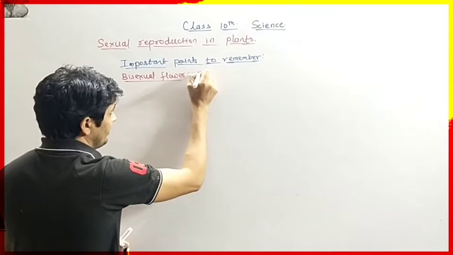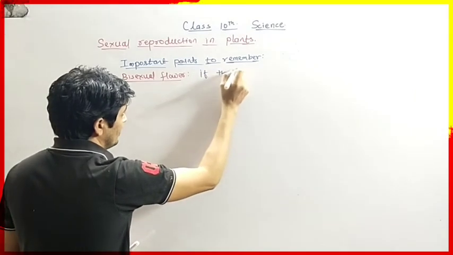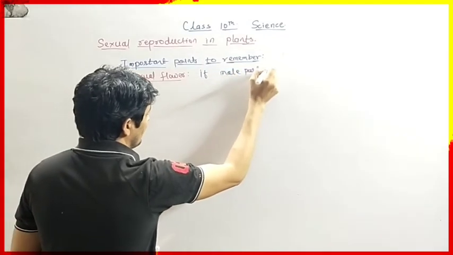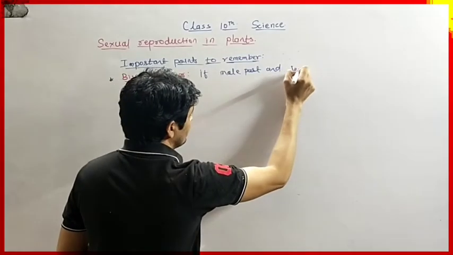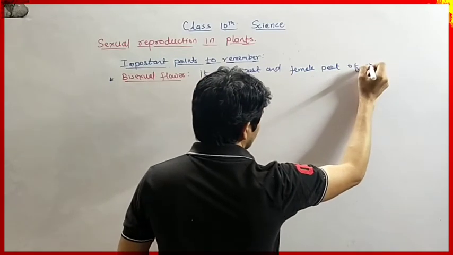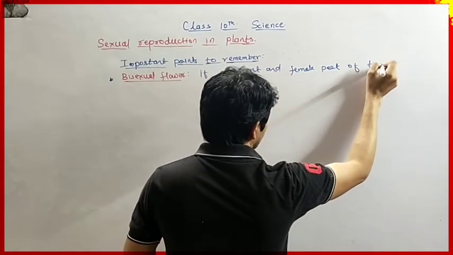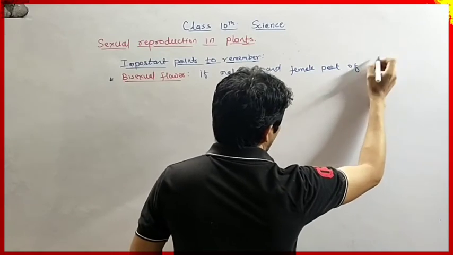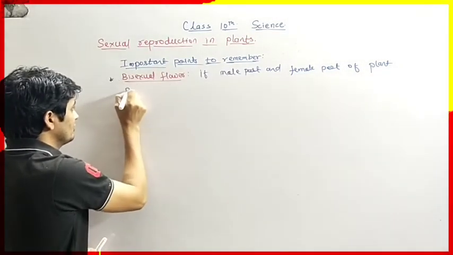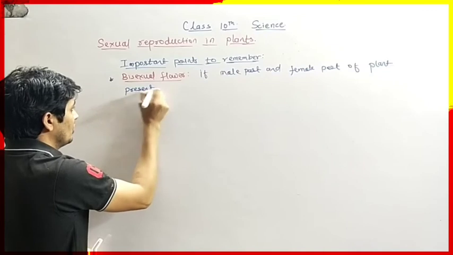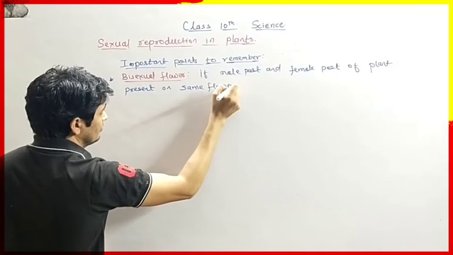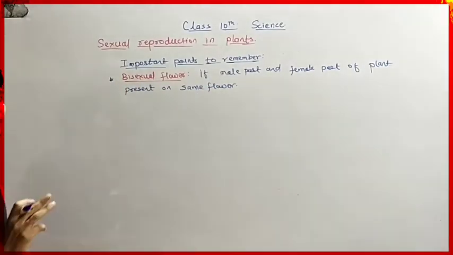If the male part and female part of the flower, or we can say plant, are present on the same flower, it is called a bisexual flower.